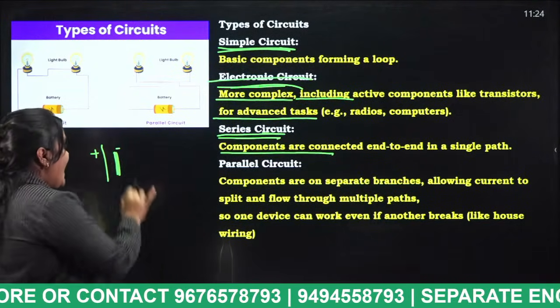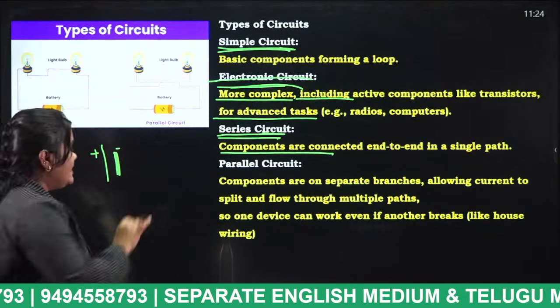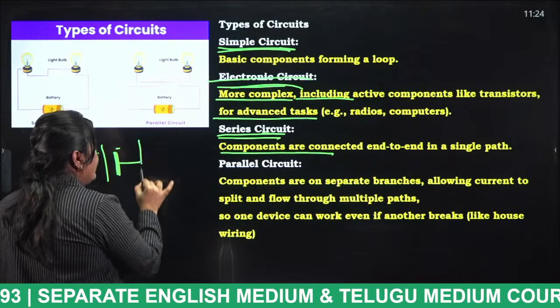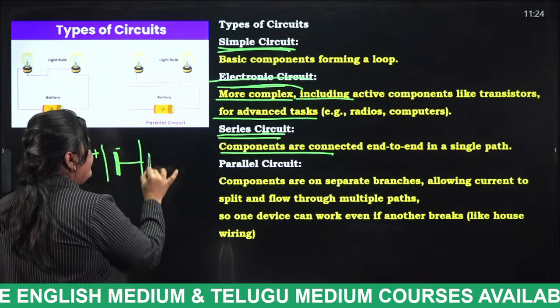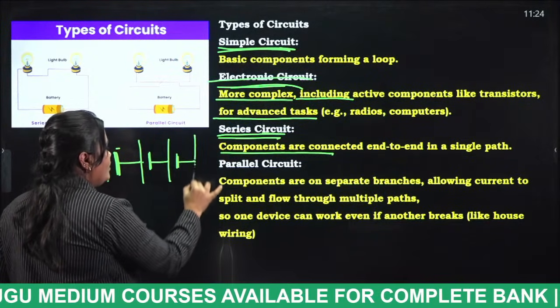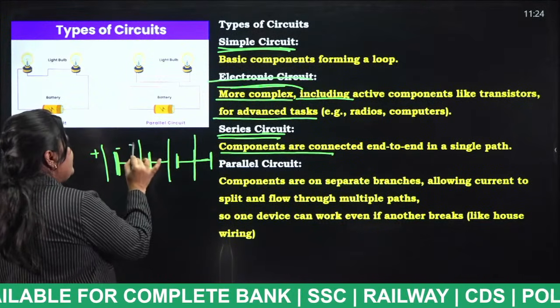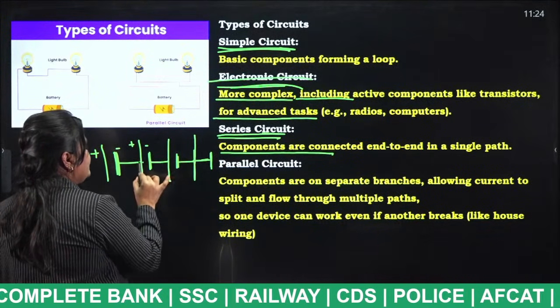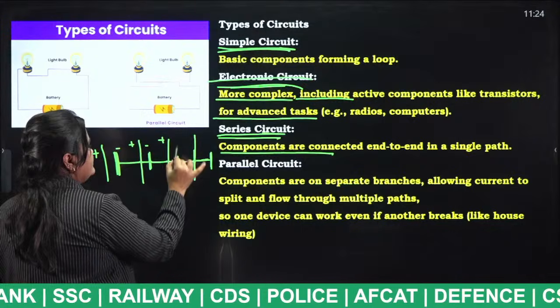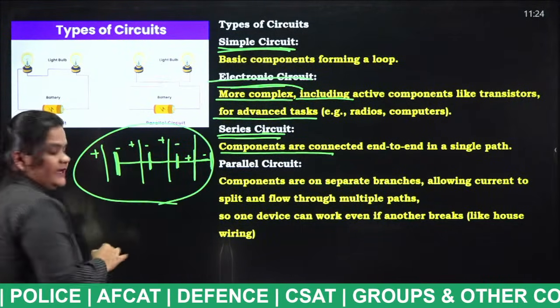A single thing is considered as what? Cell. The combination of this is considered as what, students? Battery. You all know. This is considered as a battery.